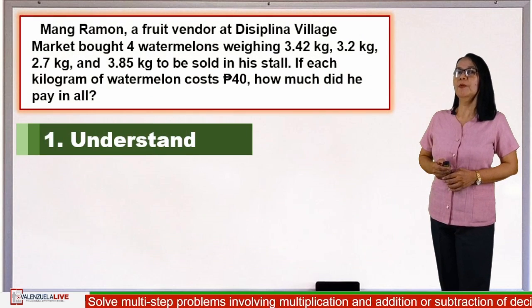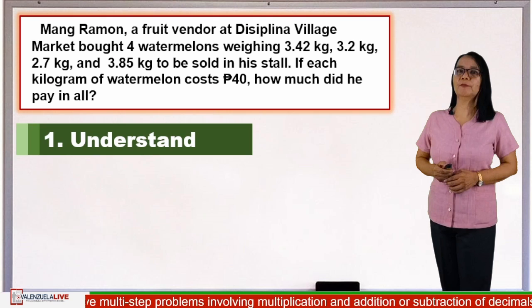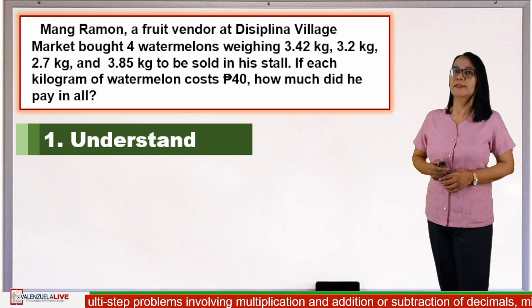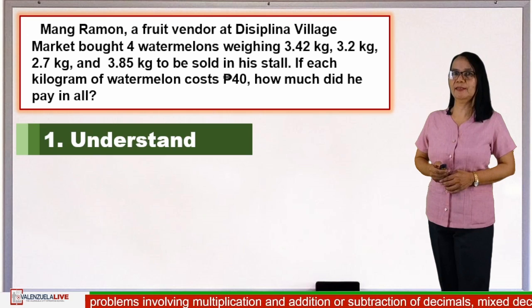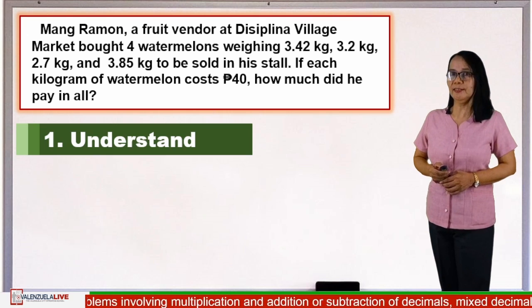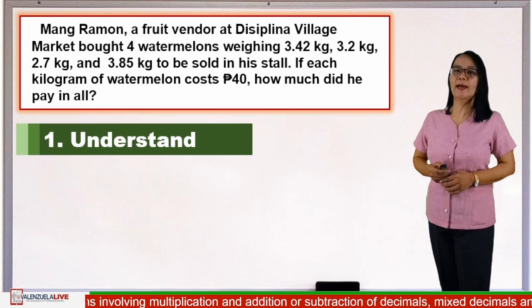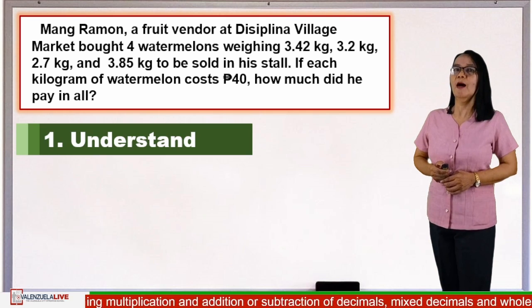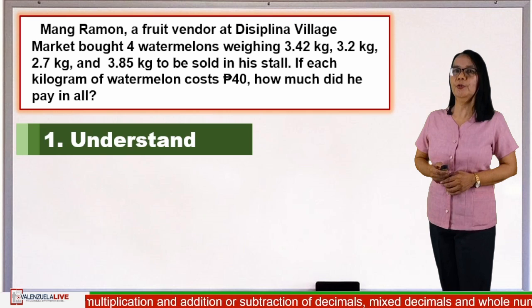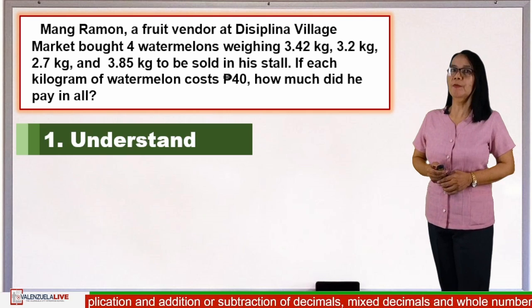In this problem, we will use Polya's 4-step method. These are the steps to follow. First, understand the problem. It is essential to focus, analyze, and check how you understand the problem. You must know what is being asked.